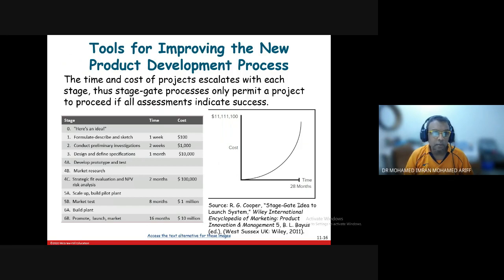The process only permits a project to proceed if all assessments indicate success. So each time they will check, okay, if it indicates success, then only they continue. They will look at the idea, the market research, and the testing. If everything is profitable, only then they will continue.